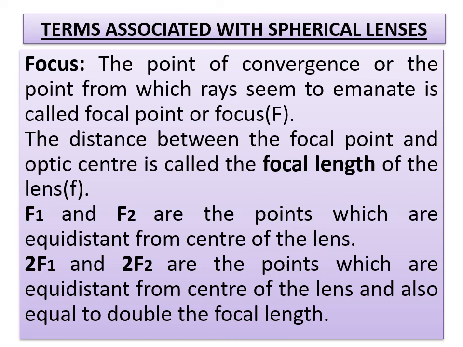So from the optic center to F is the focal length, and from the optic center to 2F1 is double that length. I also told you what this is: the center of curvature point. So sometimes we represent them as 2F1 or C1, 2F2 or C2. I hope you have understood this also.